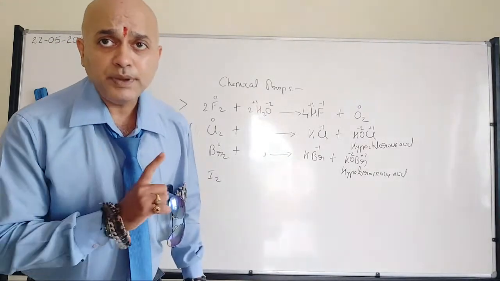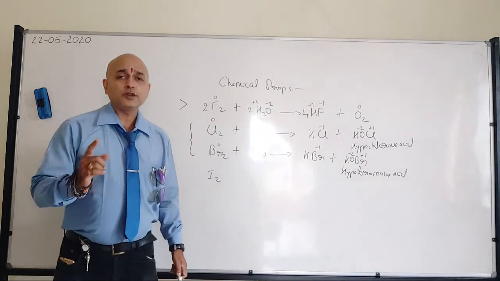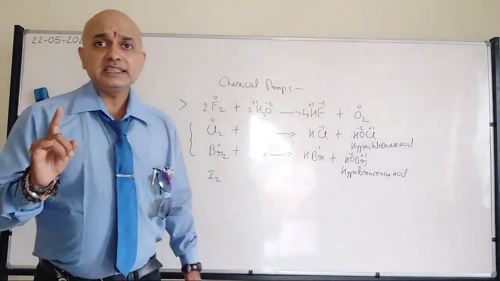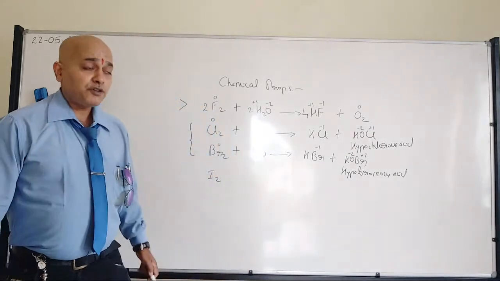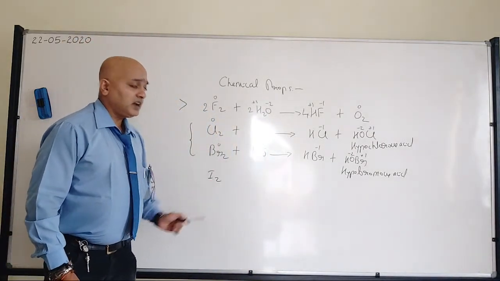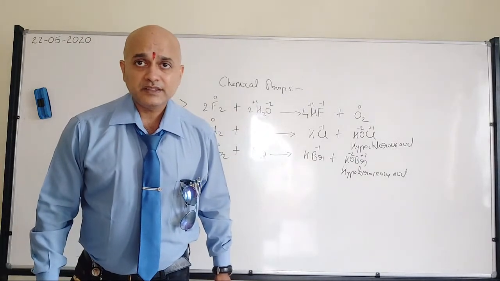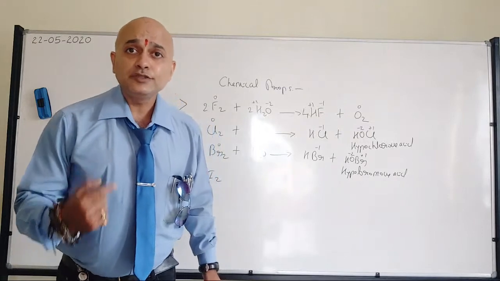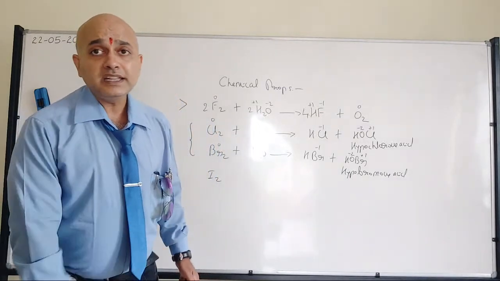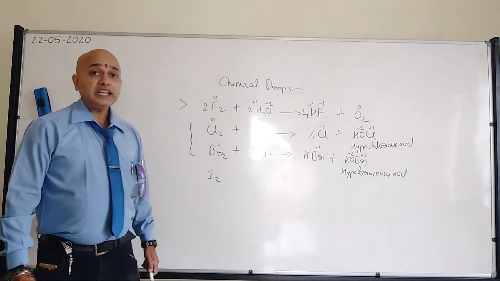Once again I will repeat. So when it comes to iodine, they are very less soluble in water. They can easily go with the organic solvent. That is very important. So therefore when it comes to reaction with water, iodine in most of the cases is not going to react with water. Fine. So one of the reasons is the solubility problem. So there is no question of interaction of water with iodine.